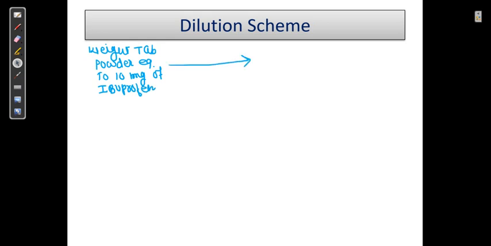Transfer into a 100 ml volumetric flask. Add 30 ml of 0.1 normal NaOH. Shake or sonicate for 10 minutes. Then ibuprofen and paracetamol dissolve completely. Filter it.